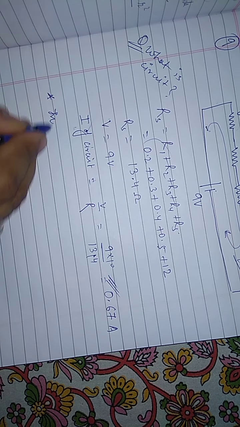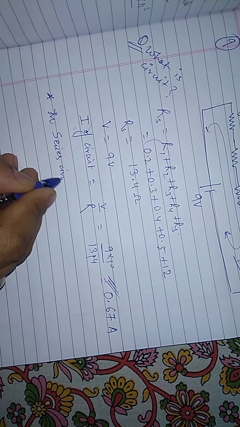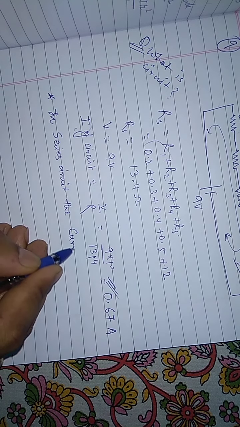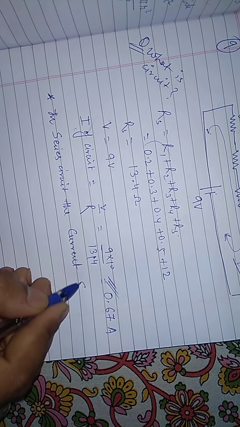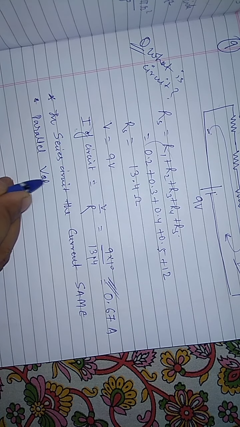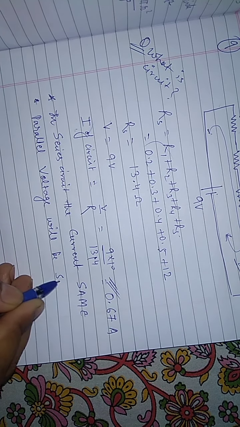In a series circuit, the current will be the same, and in parallel, the voltage will be the same.